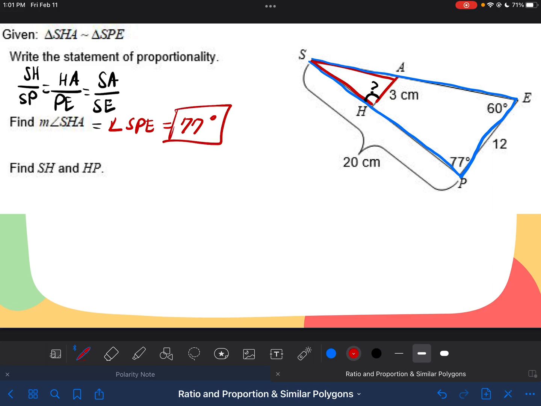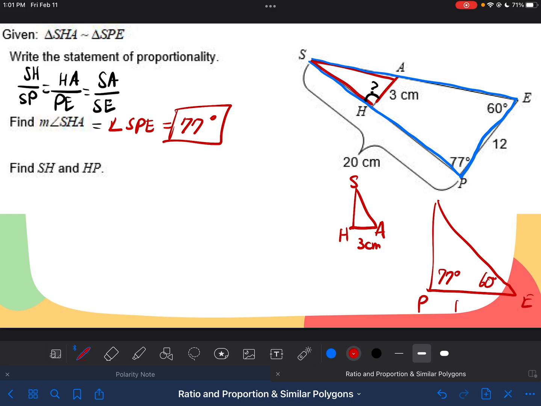So use your surroundings to figure out the answer. And also, if it's better for you guys to draw a separate triangle, that is fine too. For example, if we do SAH, 3 centimeters, and then a bigger triangle, 77, 60, EP, 12, 20, and S. If you want to separately draw this out, that is totally fine too.